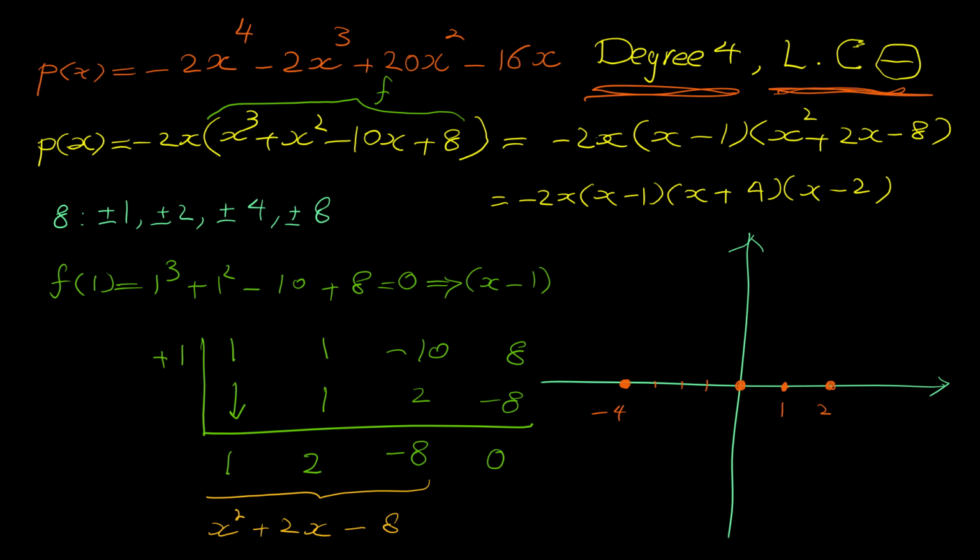Even degree, same direction. Odd degree, opposite direction. This is even degree, so the two ends go in the same direction. But which direction? Because the leading coefficient is negative, that direction is down. So the left end is down, the right end is down, and we have to pass through these points by a curve. And so our graph would be something like this. This is the graph of this polynomial.